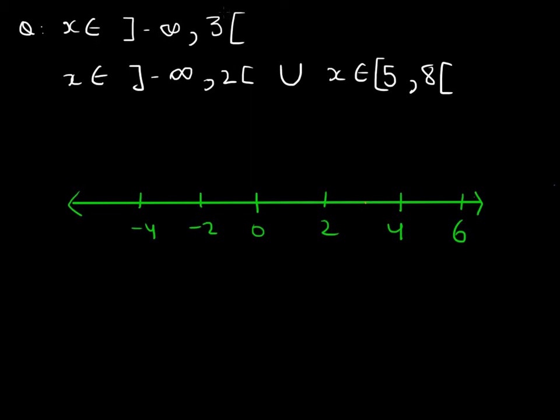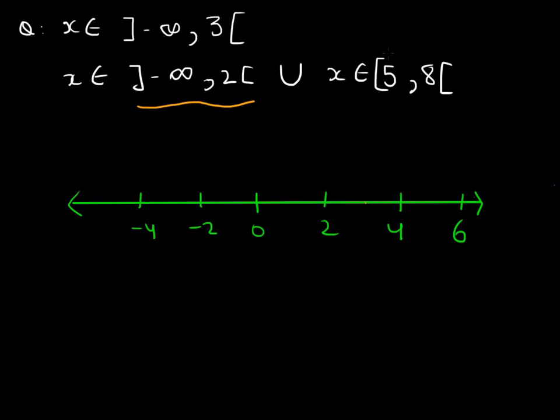Okay, next we have a slightly harder version of the previous equation. Here we have 2 different possible values of x, which is from -infinity all the way up to, but not including 2. We have the outward facing bracket here from 2, meaning that 2 is not included, and that is unioned with all the values of x that are from 5 up to 8, but not including 8.